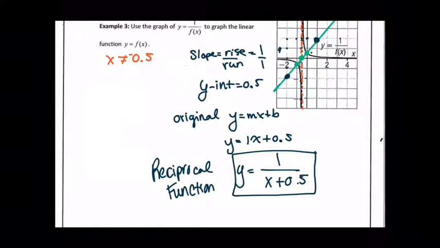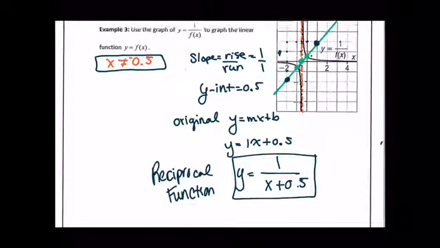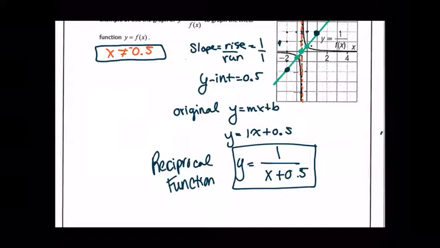And that should make sense, because if you look in your denominator, your x cannot be equal to negative 0.5, because then it would be 0 in the denominator. So that's how we can get what x cannot equal, which makes sense from our graph as well. So plot some points, draw the line, find the slope, the y-intercept, and then put 1 over top of that equation.